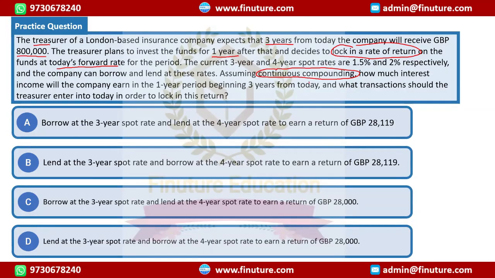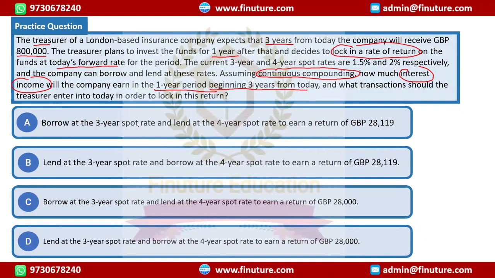And indeed, the calculation with continuous compounding becomes very easy. How much interest income will the company earn in the 1 year period beginning 3 years from today? So we have to calculate the interest income earned by the treasurer by investing this amount for the 1 year period beginning 3 years from today.